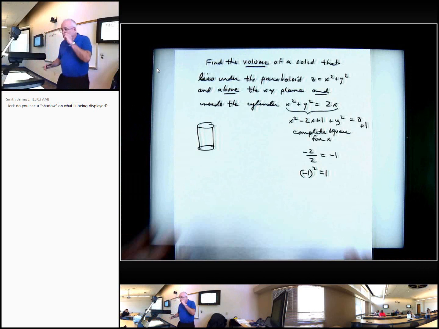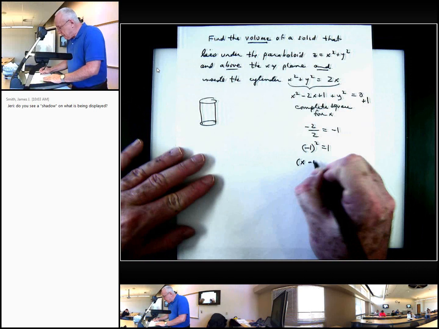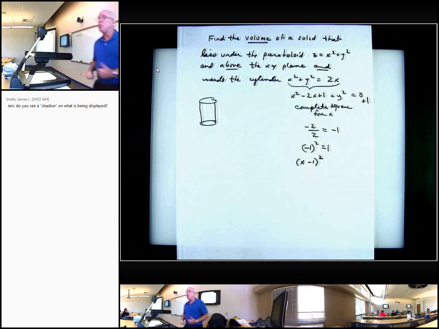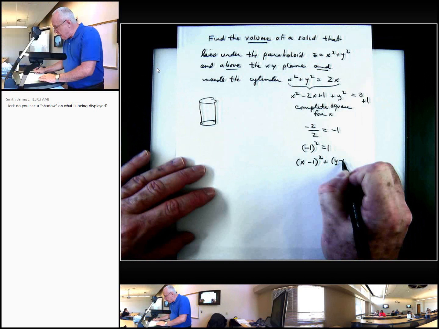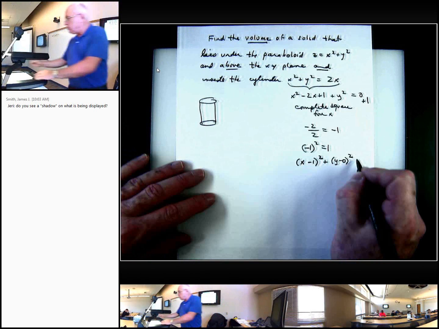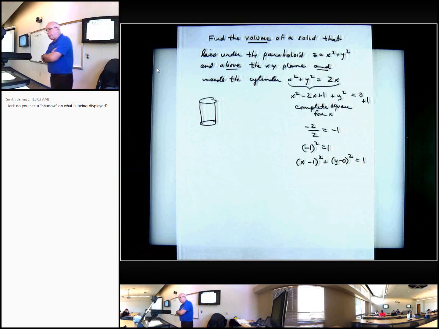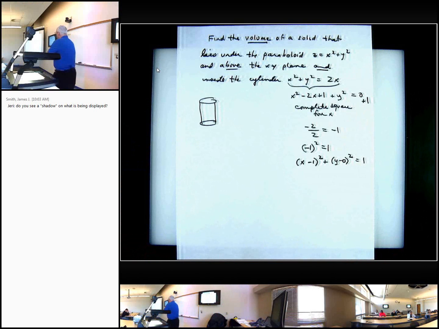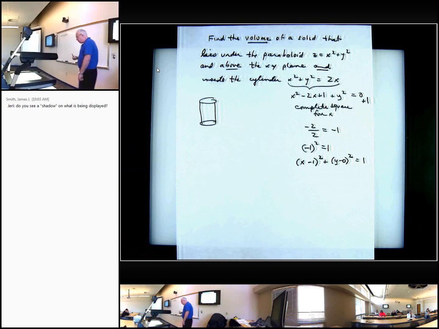So what I then have on the left is (x minus 1) squared plus, and I'm going to write this as (y minus 0) squared equals 1. This is going to be a cylinder. What's going to be the x and y coordinates of that central axis of the cylinder?